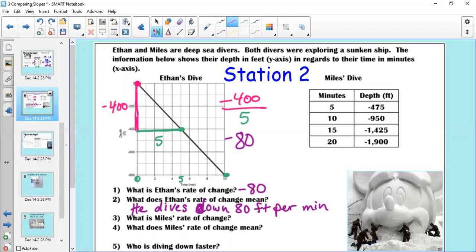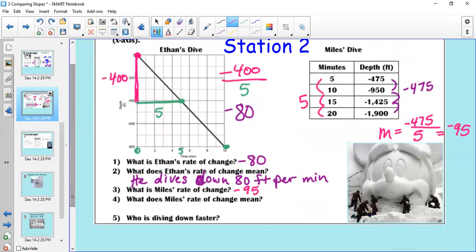So Miles, the minutes were changing by 5. Our depth was going down. You could use a calculator if you need to, but it was going down negative 475. If I make a fraction, do not forget that our y goes on top. And if I simplify that, it would be negative 95.